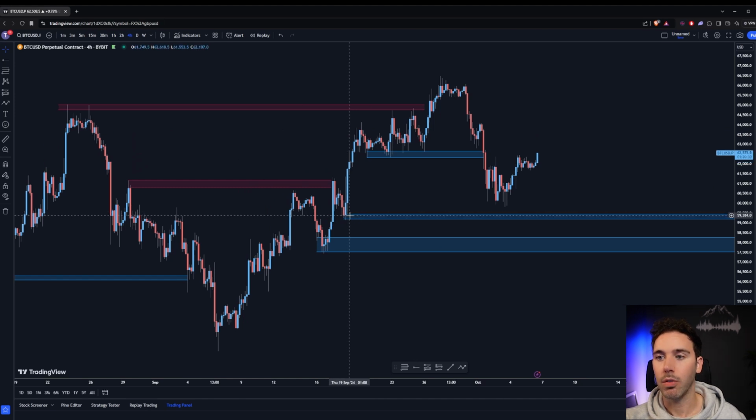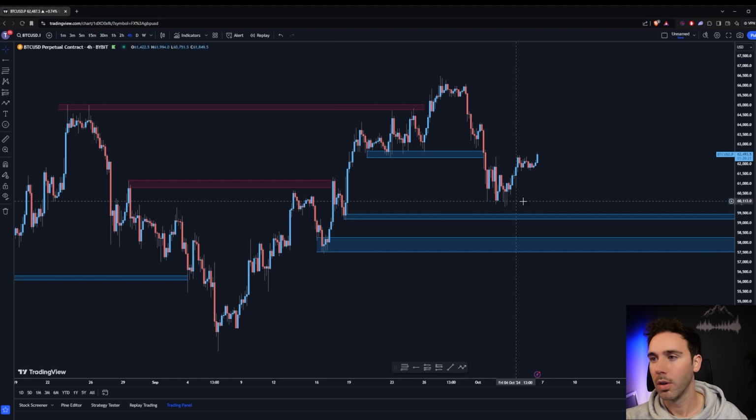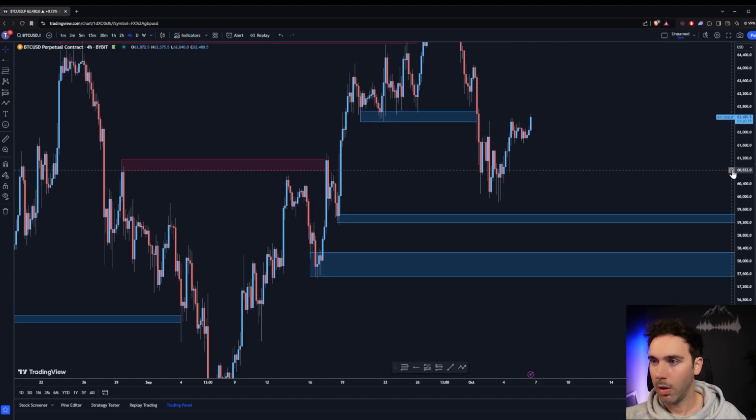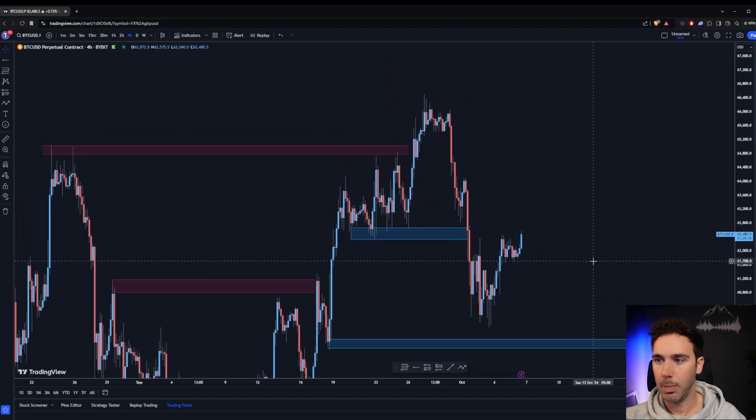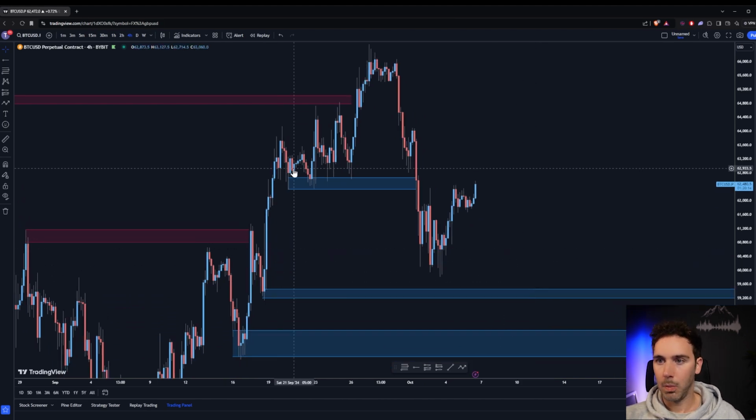We can expect a good reaction from this point, and also a nice little SR flip as well, but let's not complicate things too much. Now let's go a little bit more recent. What has happened is price formed this range.